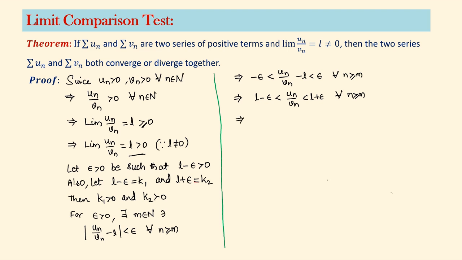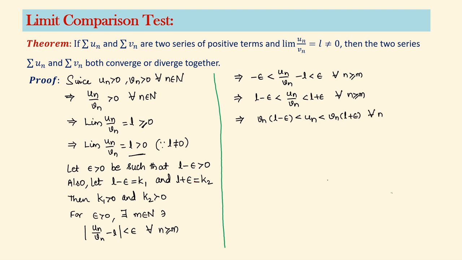That implies, multiplying by Vn on all sides, Vn into L minus epsilon is less than Un less than Vn into L plus epsilon.